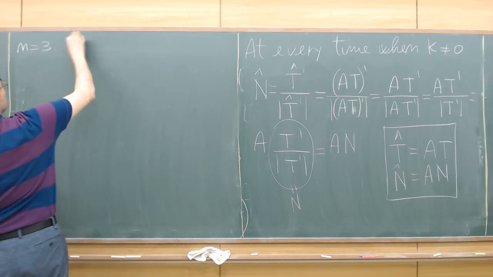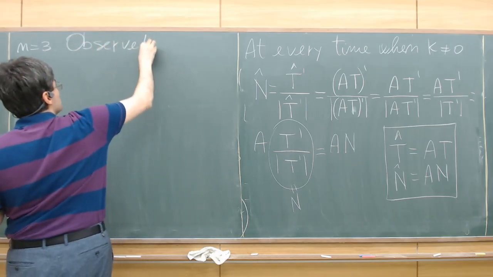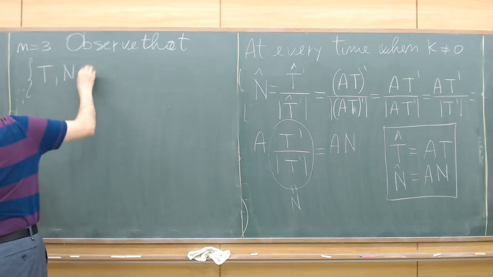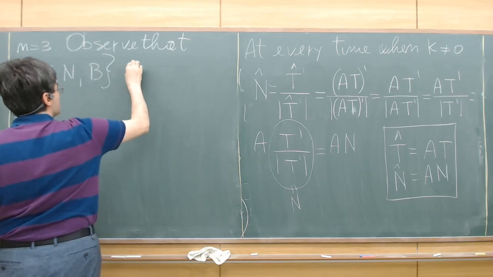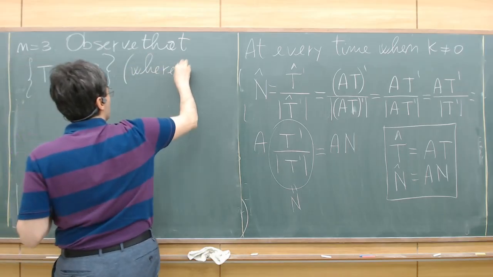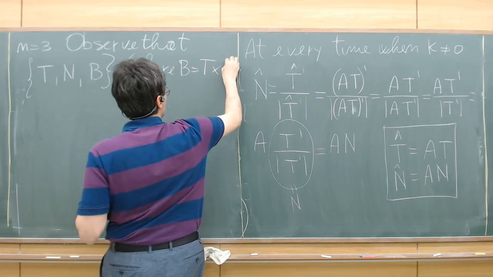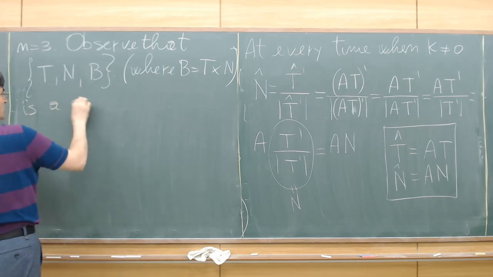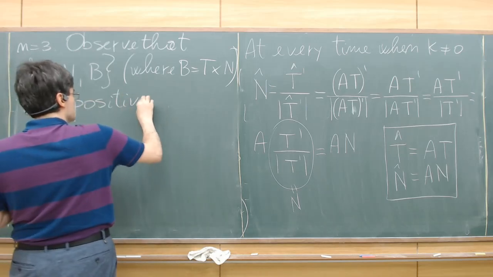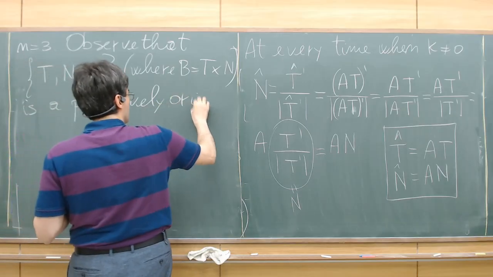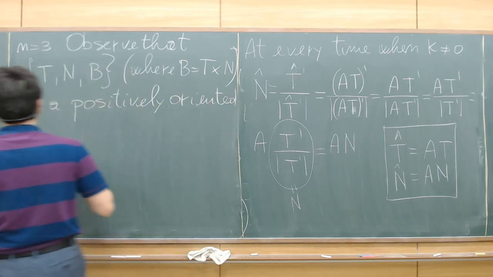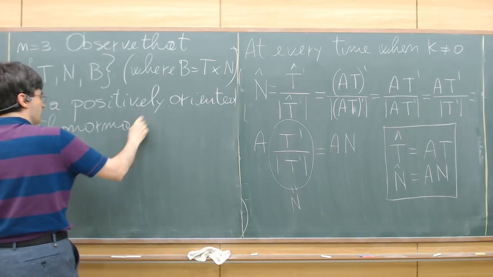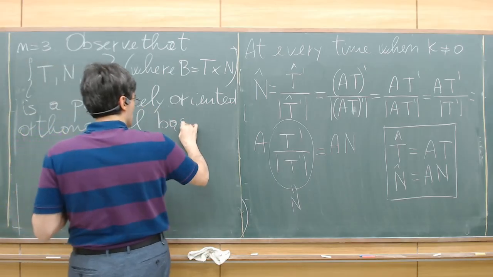Observe that T, N, B, where B is T times N, is a positively oriented orthonormal basis of R3.